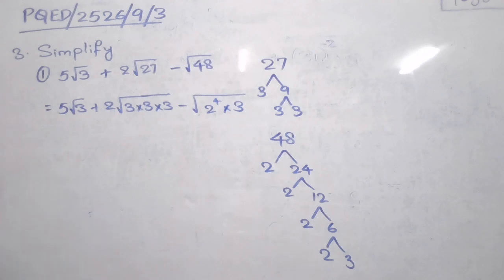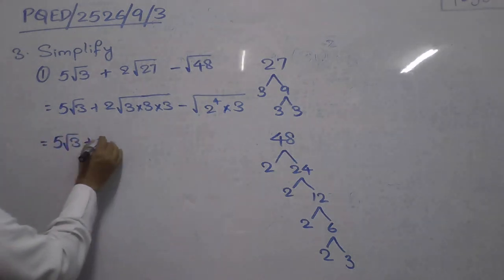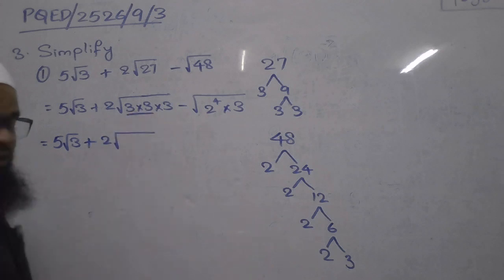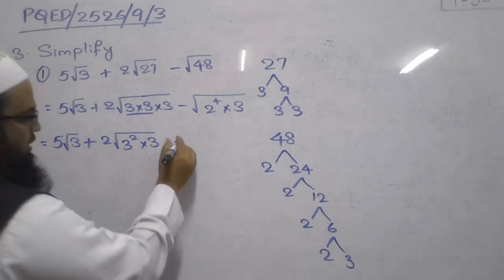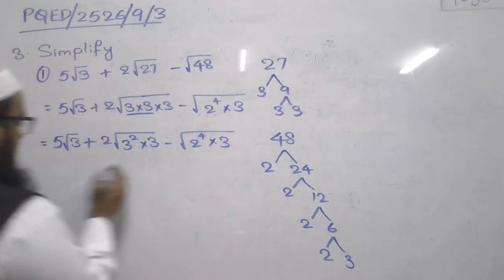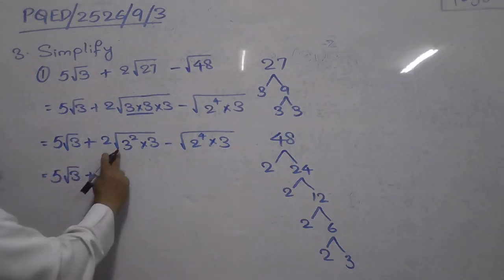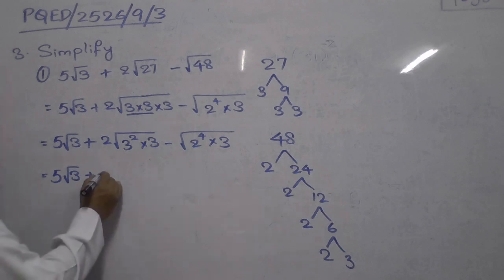Is it right? So that equals 5 root 3 plus, here can I write it as 3 into 3? 3 square, right? So 3 square multiplied by 3 minus the square root of 2 to the power of 4 multiplied by 3. That equals 5 root 3 plus, when you have multiplication, can you distribute the root? Yes, sir, you can distribute.